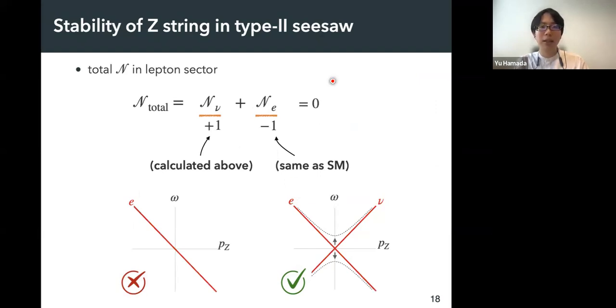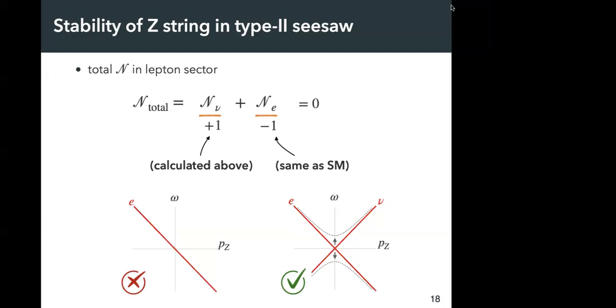In this model, only the left-handed neutrino gives one single zero mode fermion in 2 dimensions. But this is exceptional. Does it make sense? Yeah, thank you.